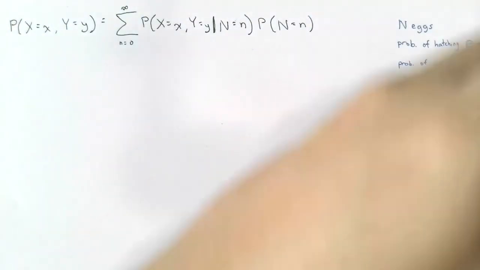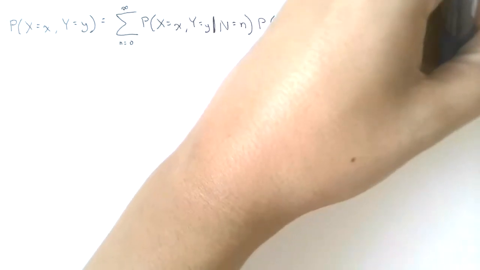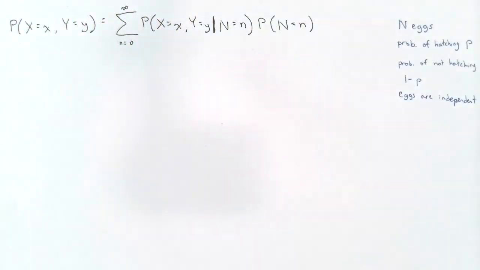We know that eggs are independent. And we know that X is the number of eggs that hatch.